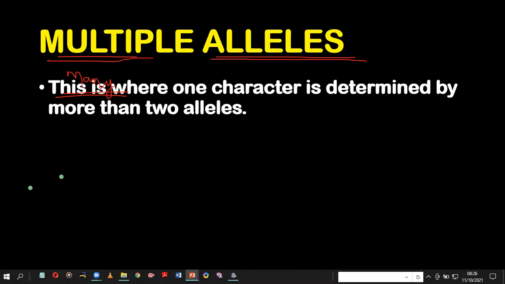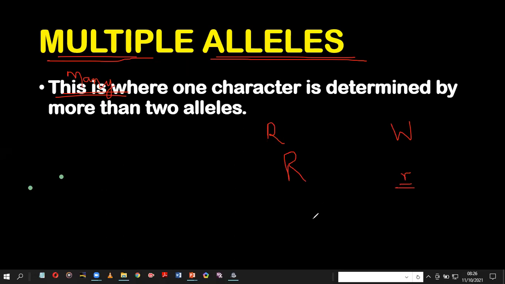We've seen that all what we've been studying, right from Mendel's experiments up to where we stopped in the previous lesson, they were all determined by a pair of alleles. For example, if one was maybe red, another one would be blue. If maybe one was red, another one would be probably white.